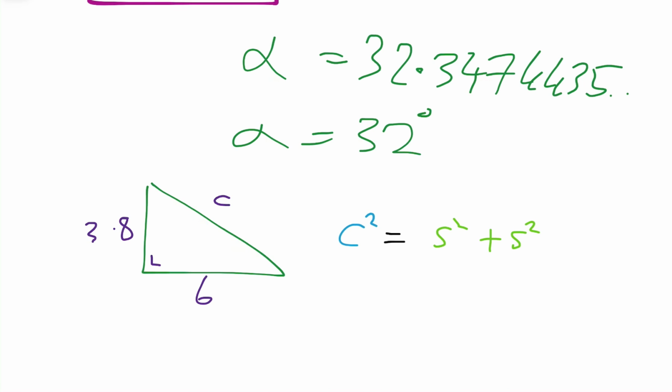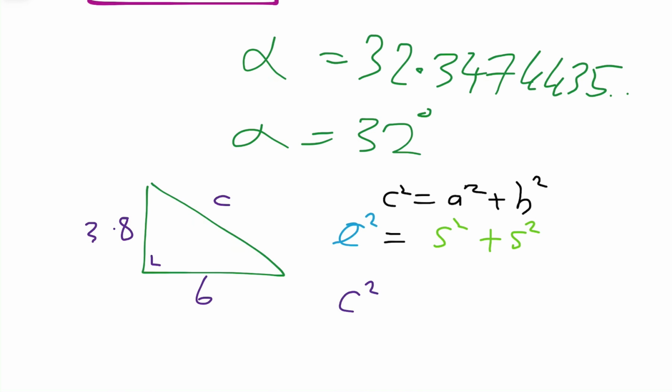That's normally written as c squared equals a squared plus b squared, but you can use the language long equals short side plus short side if you want. Anyway, you want to know that slant height, basically c.